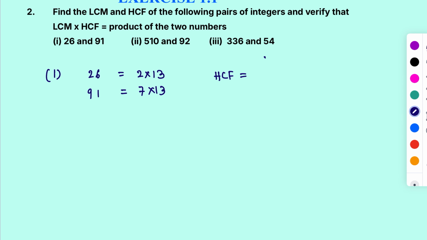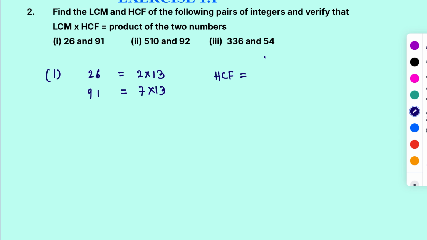That is LCM, and we have to verify that LCM into HCF is equal to the product of the two numbers. And the product of the two numbers is now here 26 into 91. That should be equal to 13 into 182. If we check 13 into 182, that is same as 13 into 2 into 91.